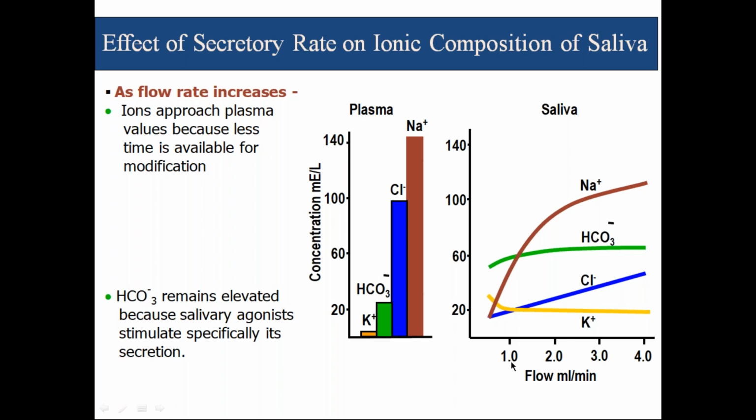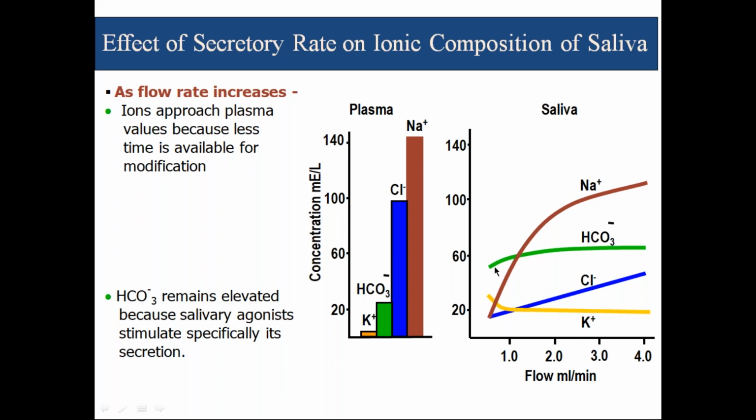Now you can see this is showing the plasma concentration of sodium, chloride, bicarbonate and potassium. This is the flow rate of secretion of saliva. As the rate of secretion increases, you can see that the concentration of sodium increases in the saliva, the concentration of chloride increases in the saliva.